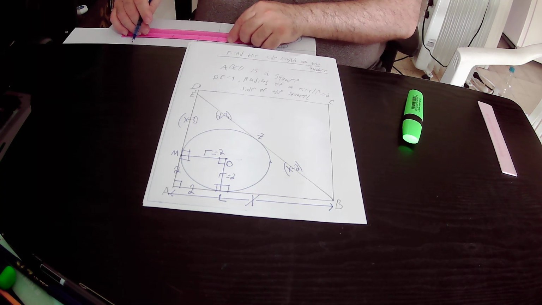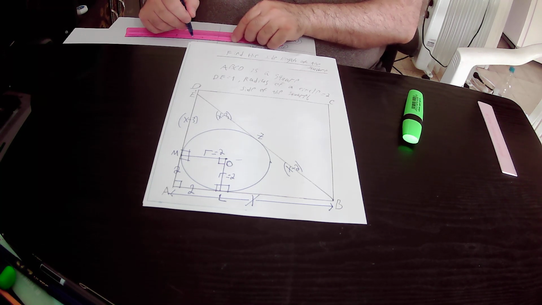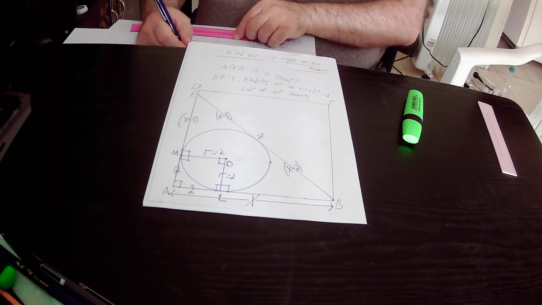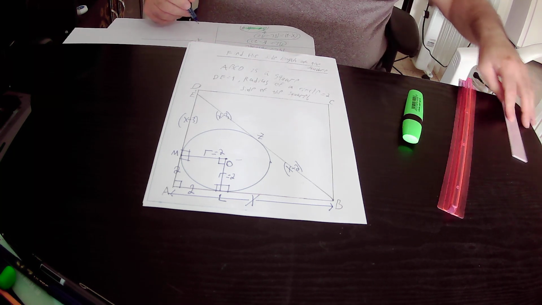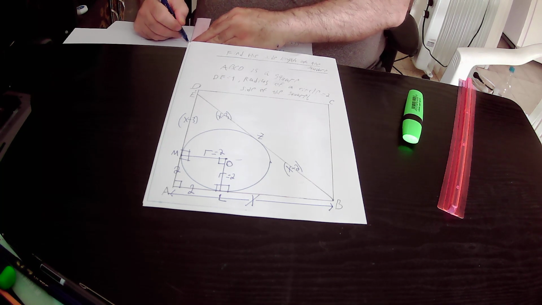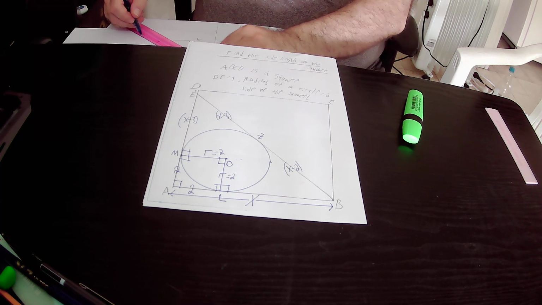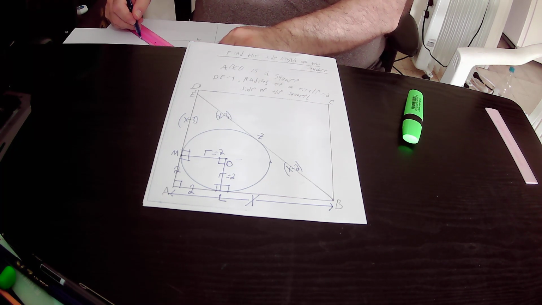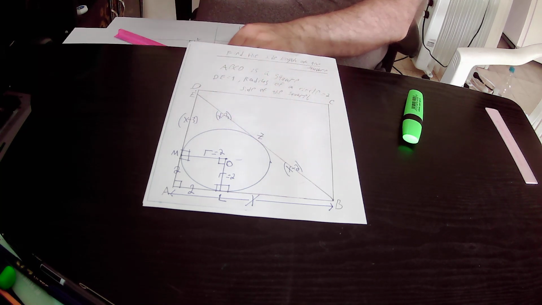We have already found out that EA equals x minus 1, and AB equals x.